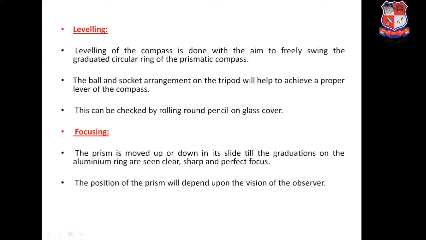When the observer is able to see the readings of the graduated ring by using the prism of the eye vein, at that time we can say that focusing is perfectly done. So friends, this was the setting up process of the prismatic compass.